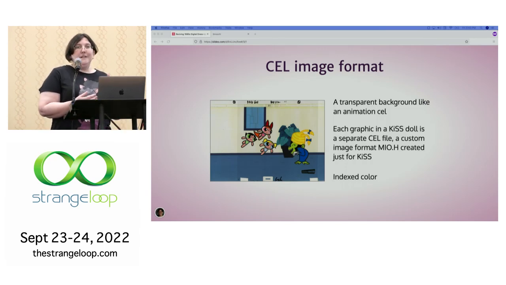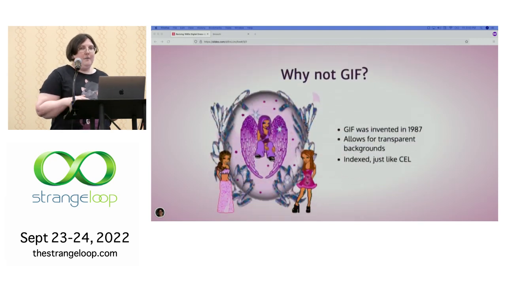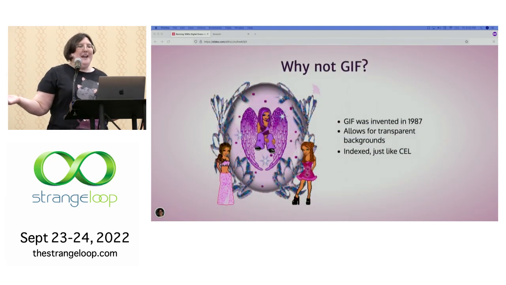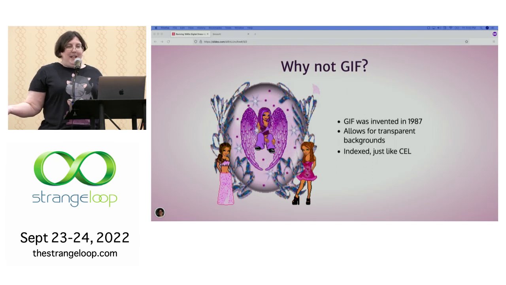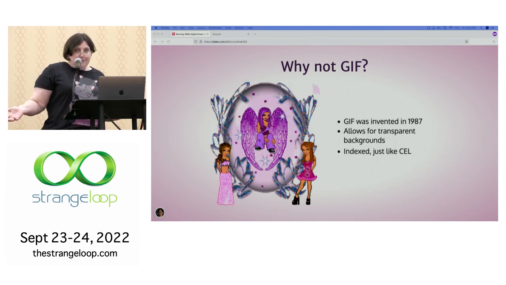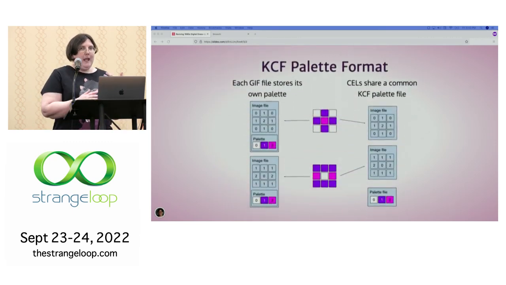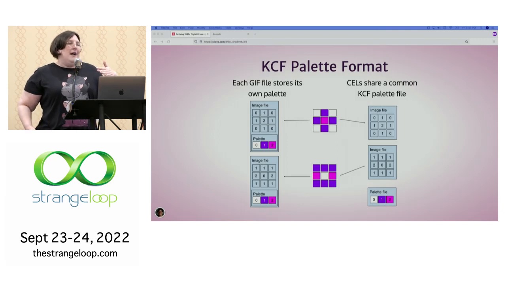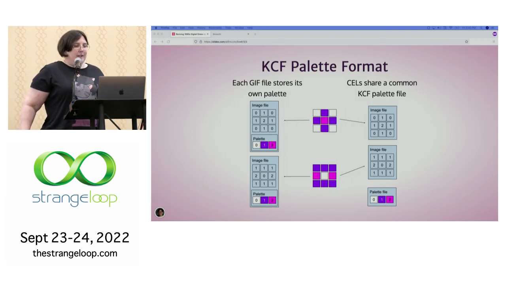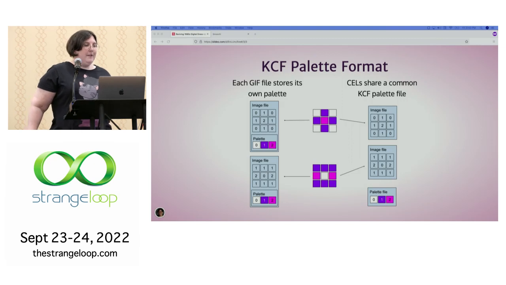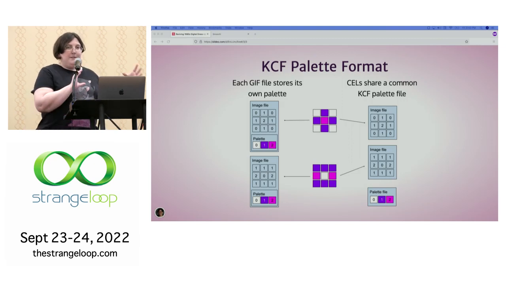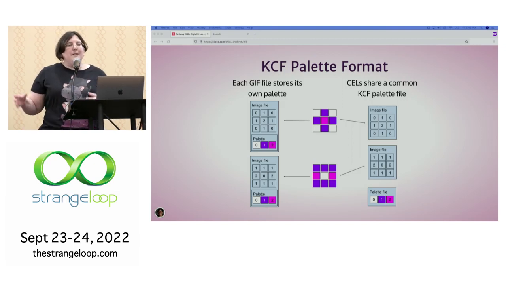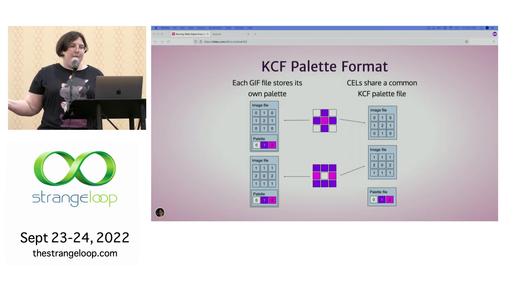But you may have heard transparent background, index color, and you might think, well, why not just use GIF? That was invented in 1987, so it was around. So why wouldn't you just use that? Well, I can't really know the motivations, but I do know a couple of advantages that cells have over GIF. And the first is that along with cells, we also have another format, which is the KCF palette format.